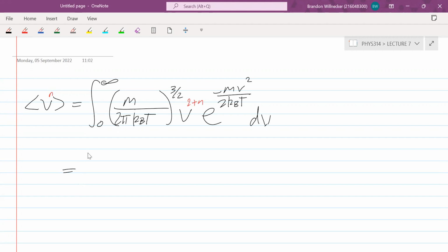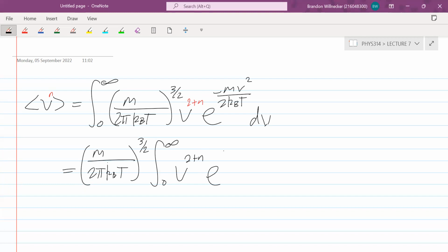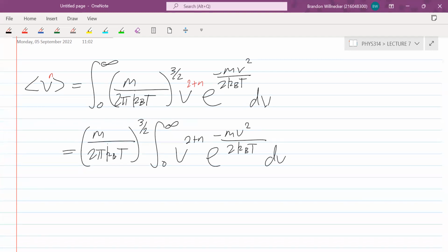We can take the constant out, so it's going to be m over 2 pi kbt to the 3 over 2, integral from 0 to infinity, v to the 2 plus n, e to the minus mv squared over 2 kbt dv. Okay, so how do we deal with something like this?